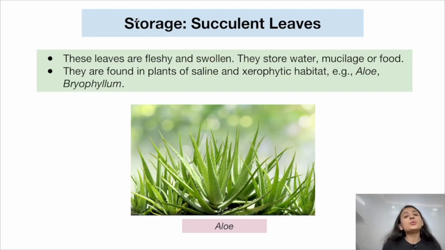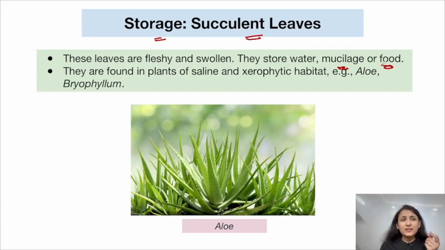Now let's come to the storage category under the modification of leaves. So in the storage category, number 1 is succulent leaves. Now succulent leaves are leaves which are very fleshy and swollen. Why are they fleshy and swollen? Because they store water, mucilage or food.